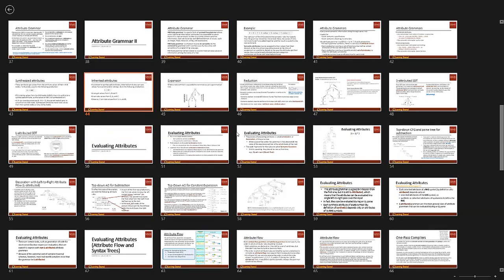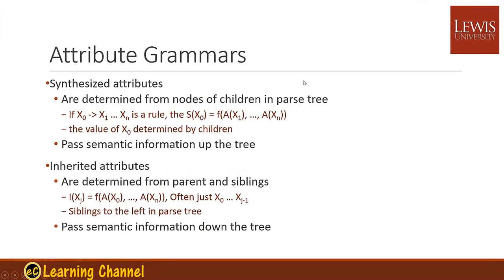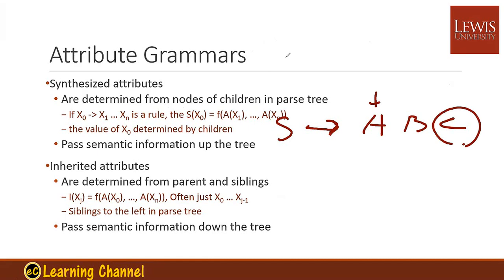I forgot to talk about this. Why sibling? Some of them may be before it. So you have S actually creating A, B, C, right? So your C type may be depending on A or B. Why?